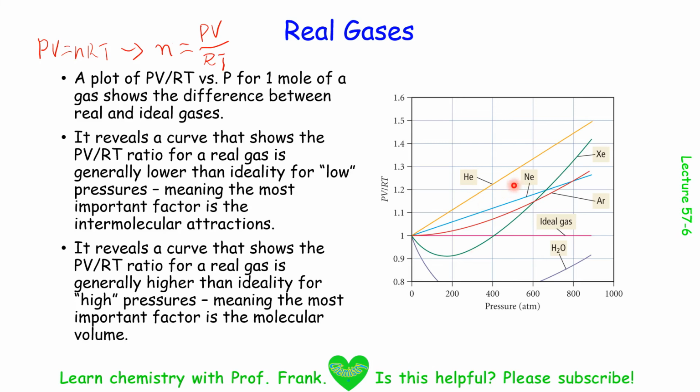And the PV over RT ratio for most real gases is normally higher than the ideal gas at higher pressure. That means the most important factor in this region is the molecular volume. In short, at the low pressure region, the important factor affecting the PV over RT ratio is the intermolecular attractions, and at a higher pressure, the most important factor is the molecular volume.